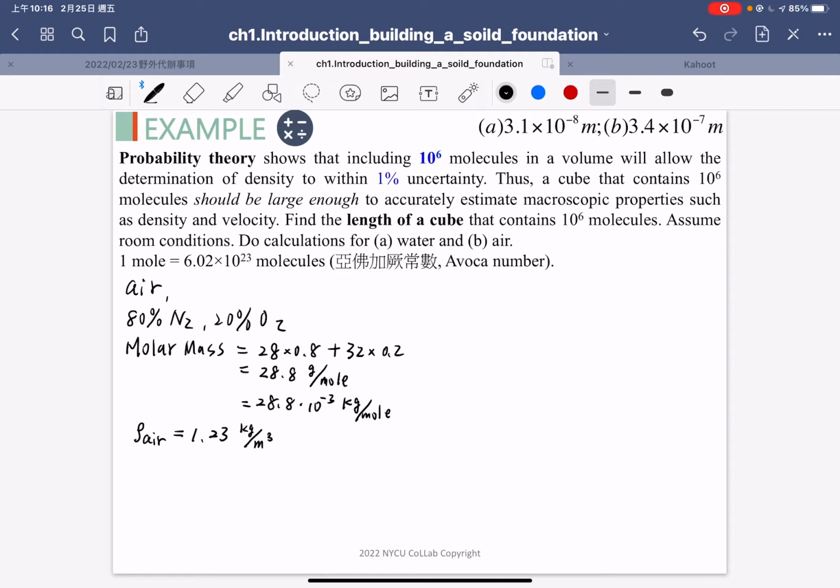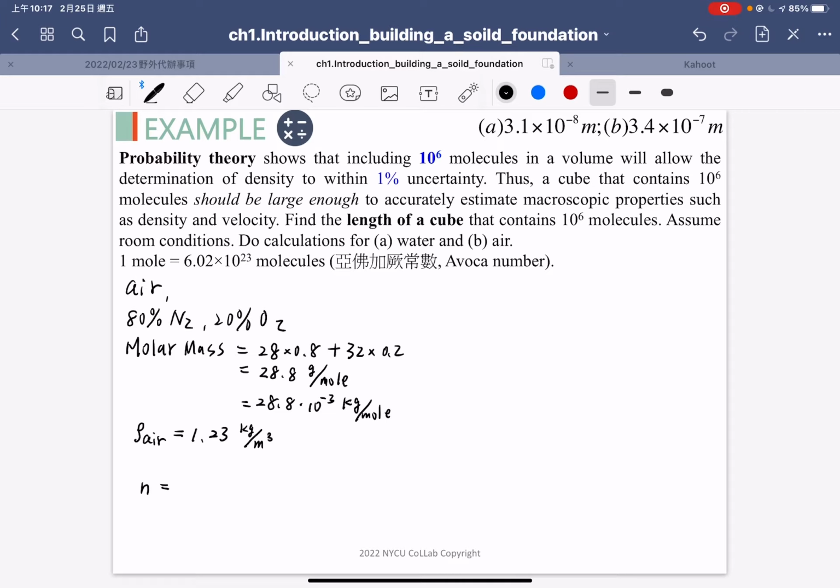For this problem, the necessary information is how many moles we have of air, right? As a reminder, there is the molecule number. We have 1 million molecules, so we can compute the mole.